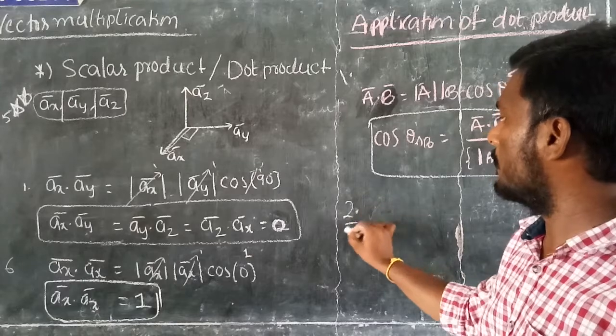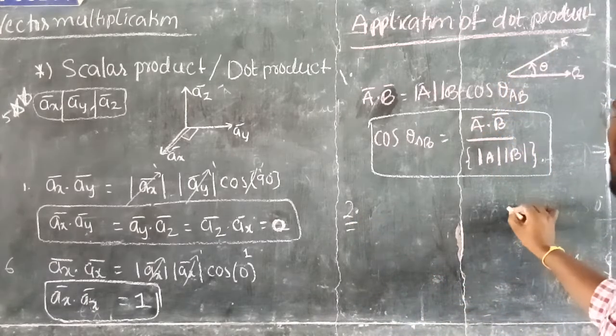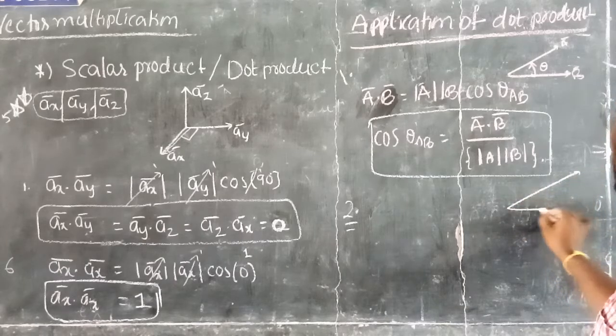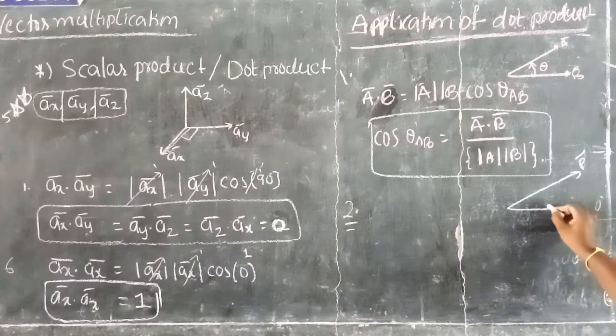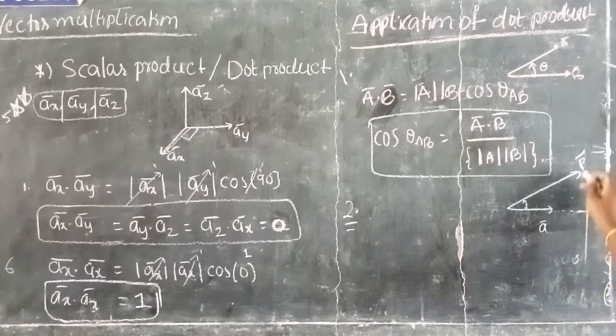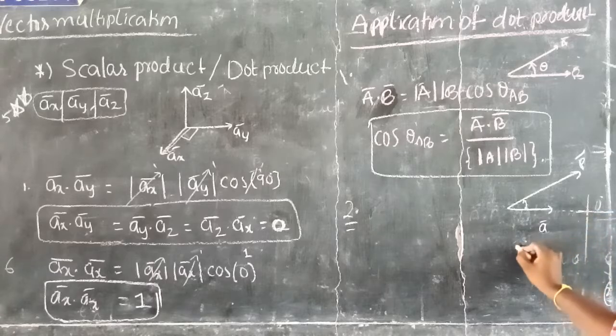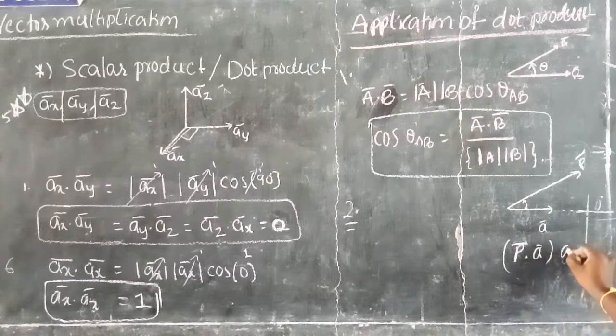And what is application number 2? It is used to calculate any component which is oriented along a direction. Suppose you have a vector p bar here, and it is required to calculate the component of this p bar on this vector. Imagine that this is a unit vector a bar. The component of p bar along the unit vector is given by p bar dot a bar into a bar.